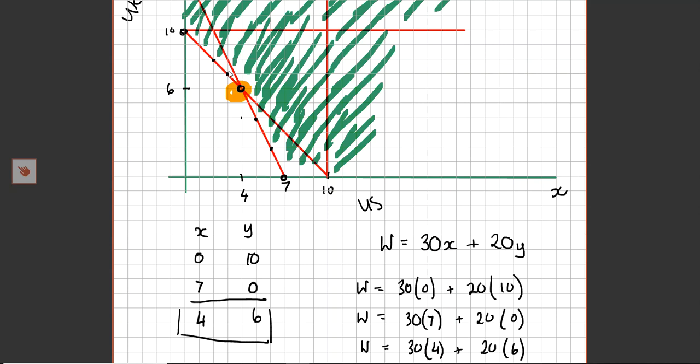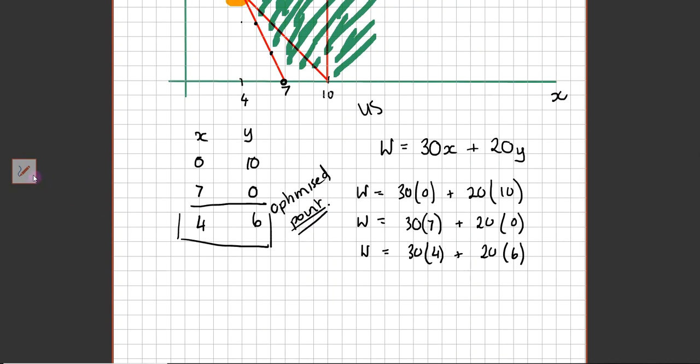So again, I'm kind of thinking that that will be our optimized point. Right. So that weight, whatever it is, what was it? 120 plus 120 is 240 tons, is the maximum weight that I can do.